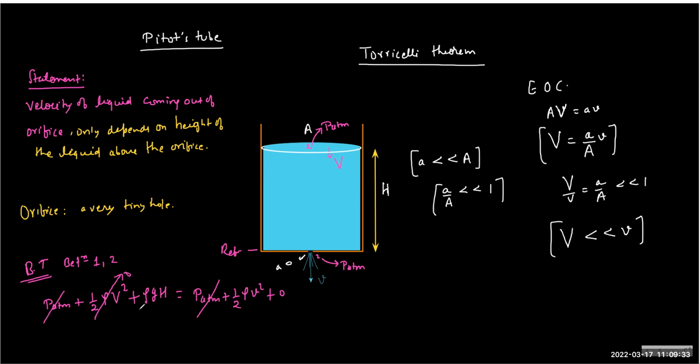And this capital V is tending to 0, it's very small. So you can see it's a simple answer. It is like the free fall kinematics formula, v equals under root 2gh. So that is the whole idea of Torricelli: under these approximations, the velocity will depend only on the height of the liquid above the orifice, nothing else.